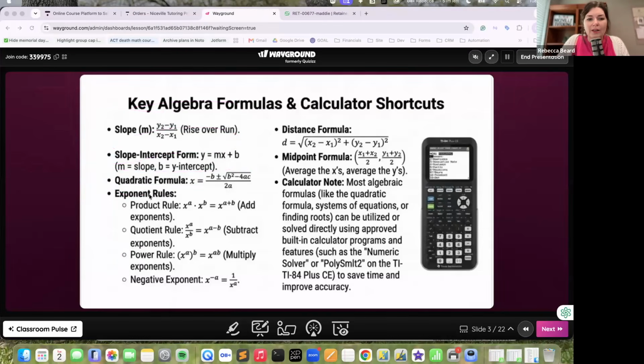These are just some high level things that I see coming up on the ACT. This does not cover everything. There are also some key things we'll get to in a little bit, like solvers such as PolySmlt 2 and other features in your graphing calculator you can use.